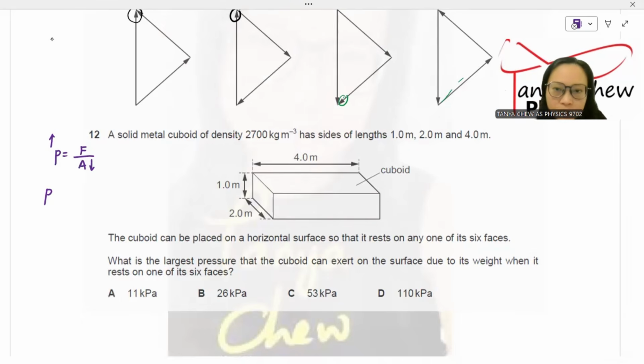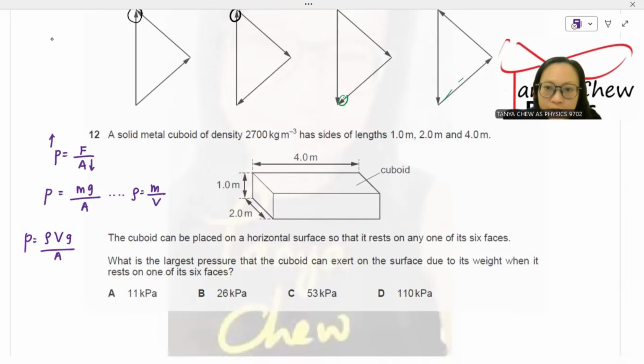Now, density is given. I'm going to use the force as mg over the smallest area. I have to bear that in mind. And the density of the cuboid is given. Density is mass over volume. I want to find the mass, so pressure is density times volume times g over area. Now I'm going to use this equation to find the pressure.